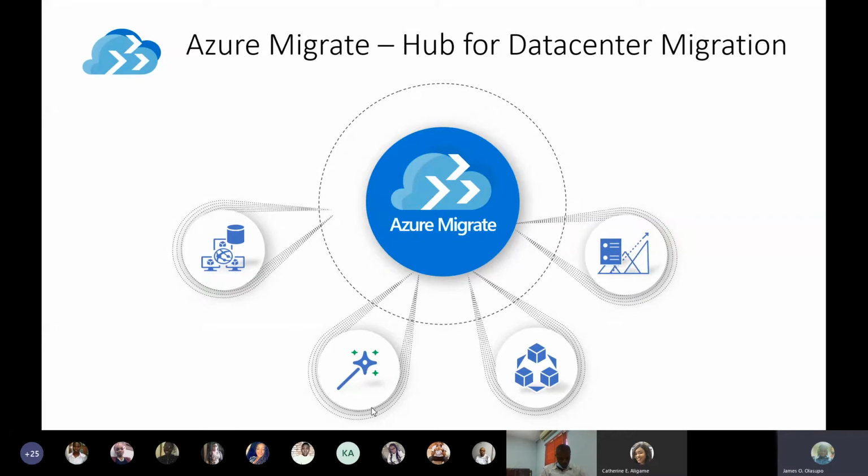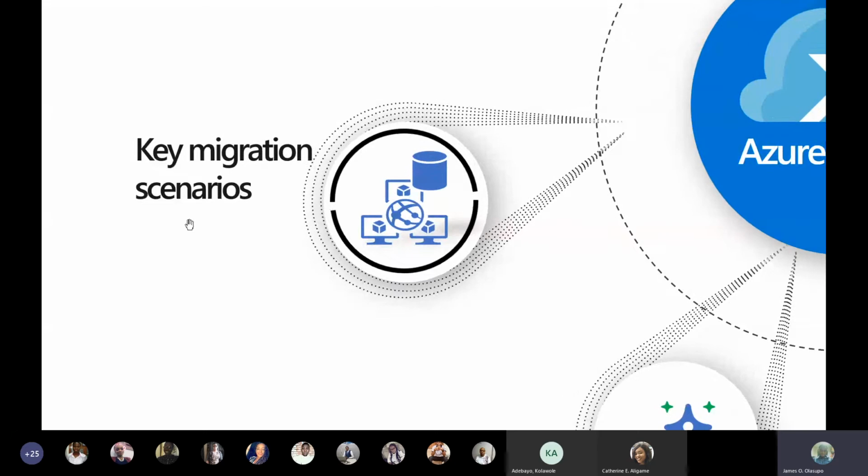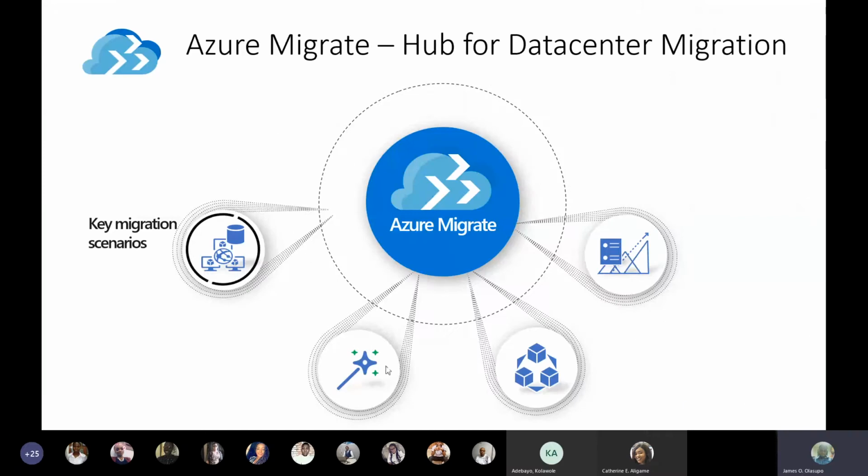And how do I know that? It defines for us the key migration scenario. You will be able to define which key migration scenario your organization is trying to embark on, which I'm still also going to enlighten us more on in my next slide, right?